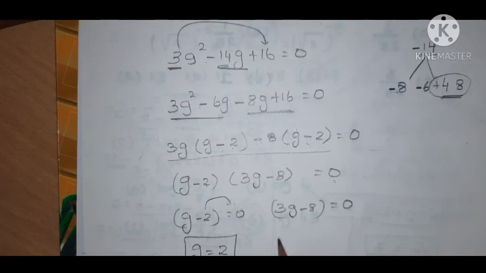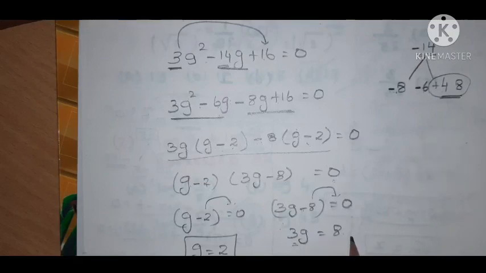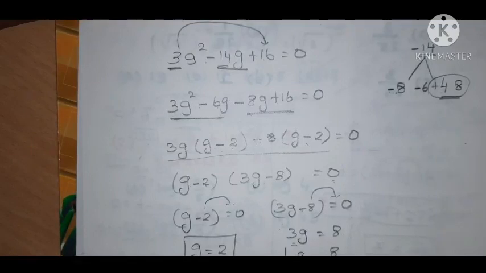For the other root, 3g minus 8 is equal to 0. Bringing minus 8 to the right hand side, 3g is equal to 8. Now 3 is a product on the left hand side; when it comes to the right hand side, it becomes division. So g is equal to 8 by 3. The one root is 2, the other root is 8 by 3. So we got two roots.